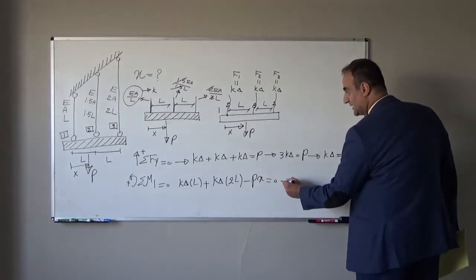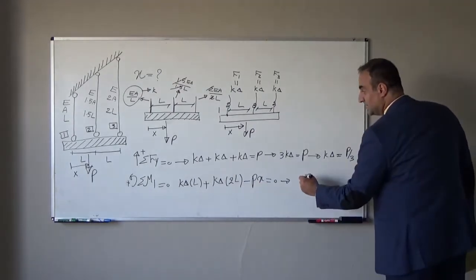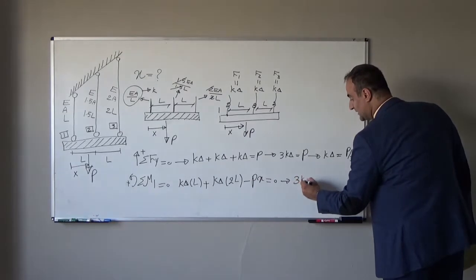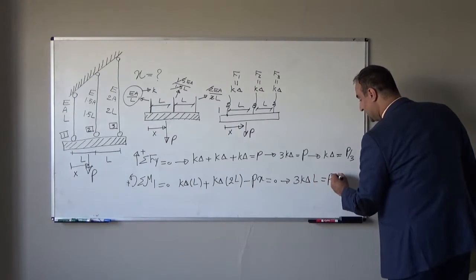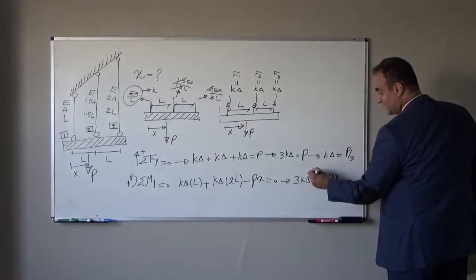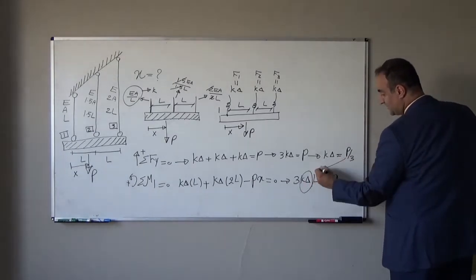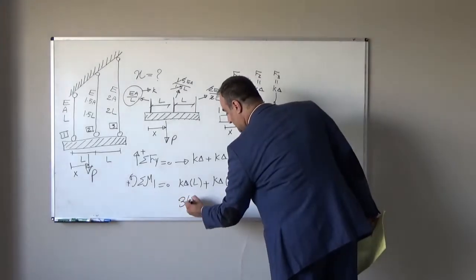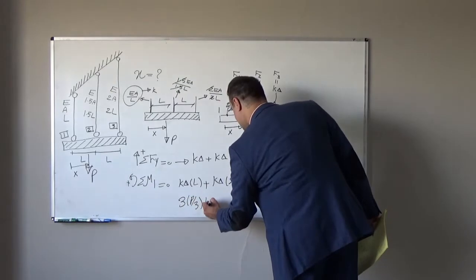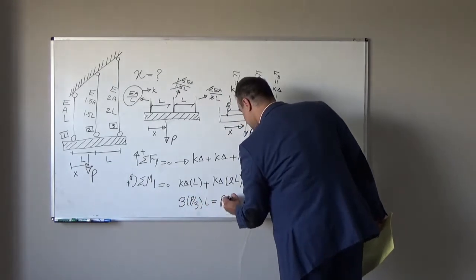If I add these together, I will have 3K delta L is equal to Px. Instead of K delta, I can plug in P over 3. So 3 times P over 3 times L is equal to Px.